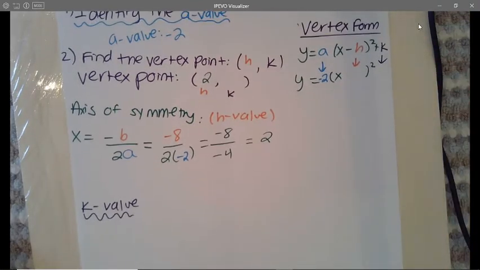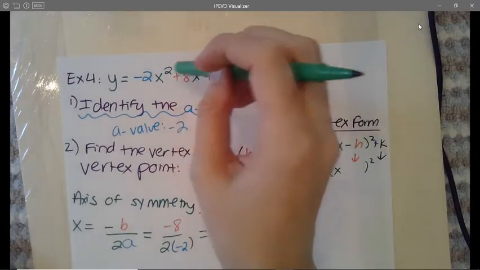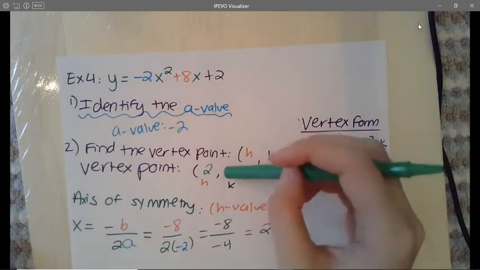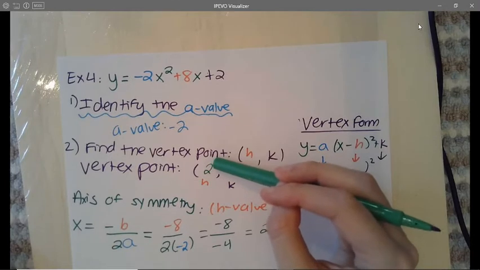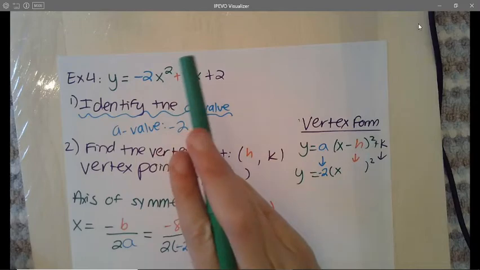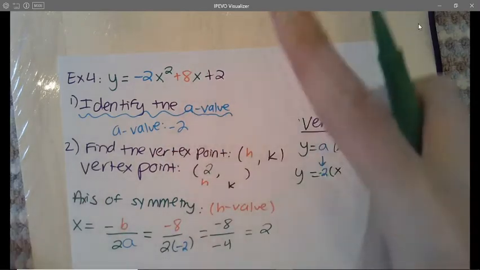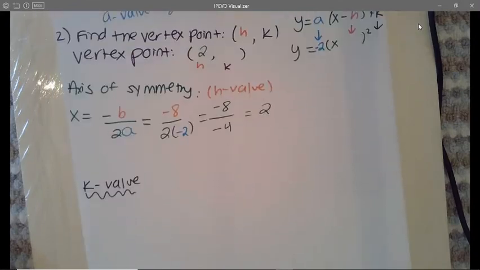Okay, so the way that you find your k value, I'm going to substitute 2 in for every single x in my equation because don't forget, I know it's the h value, but it's in the x coordinate's place. So technically it's also an x value, which I know is confusing. So we're going to replace every single x with that 2. Okay, let's solve.